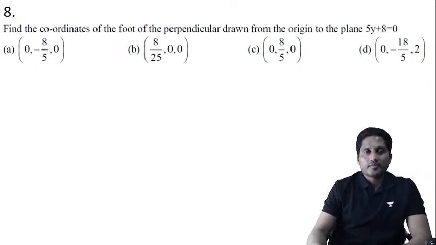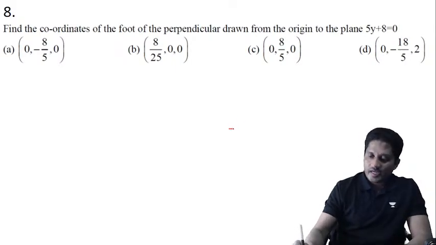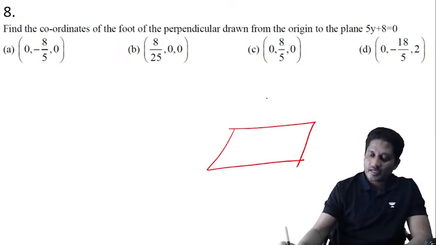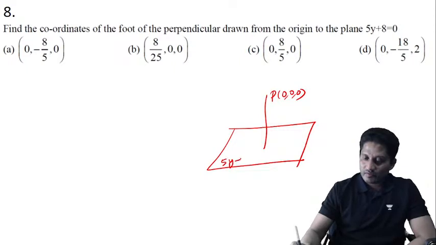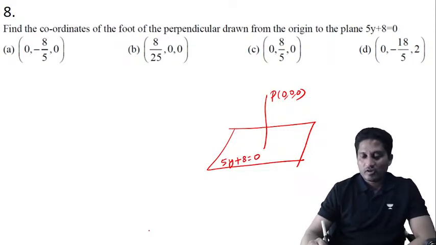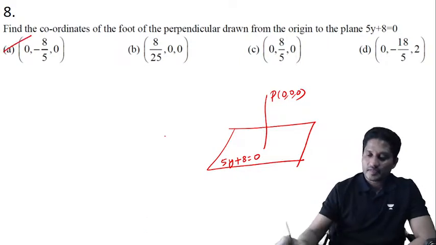Coordinates of the foot of the perpendicular drawn from the origin to the plane. Okay, see here I can use the shortcut. If they are asking you coordinates of the foot of the perpendicular drawn from 0, 0, 0 to the plane 5y plus 8 is equal to 0, I can just take the options and substitute, right? If I take the options and substitute, only A will satisfy.